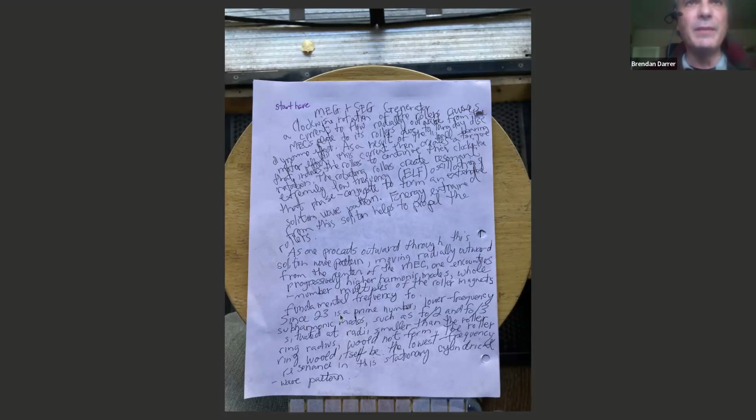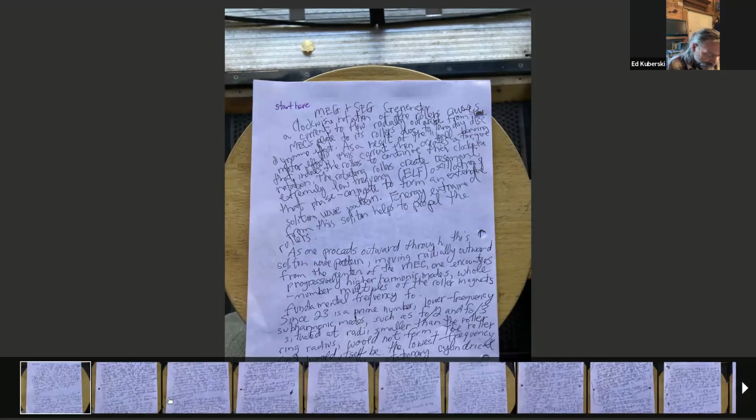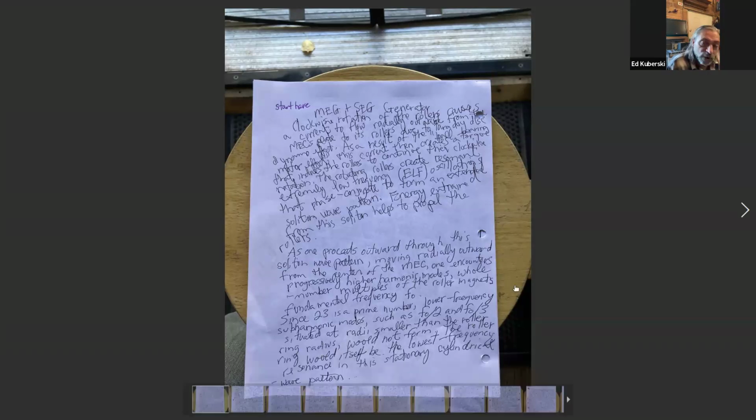Since 23 is a prime number, lower frequency subharmonic modes, such as FO over 2 and FO over 3, situated at radii smaller than the roller ring radius, would not form. The roller ring would itself be the lowest frequency resonance in this stationary cylindrical wave pattern. So that's important, this stationary cylindrical wave pattern.